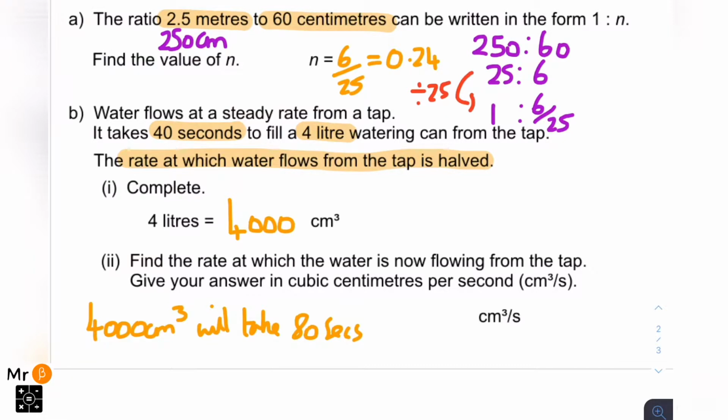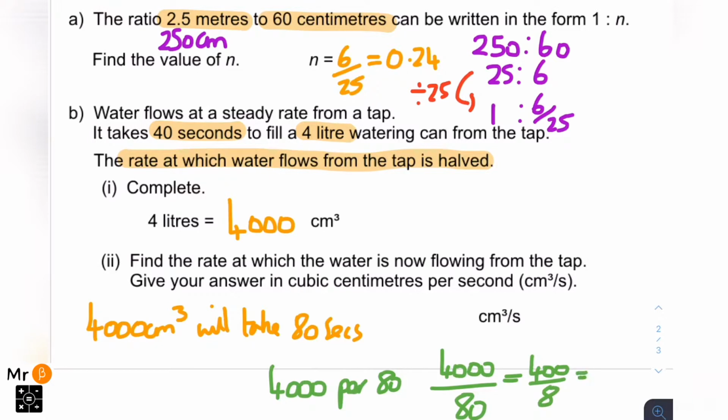So now it wants your answer in cubic centimetres per second. So it's going to take 4,000 per 80. So 4,000 over 80. And if we simplify this, we get 400 over 8, or 50 cubic centimetres per second.